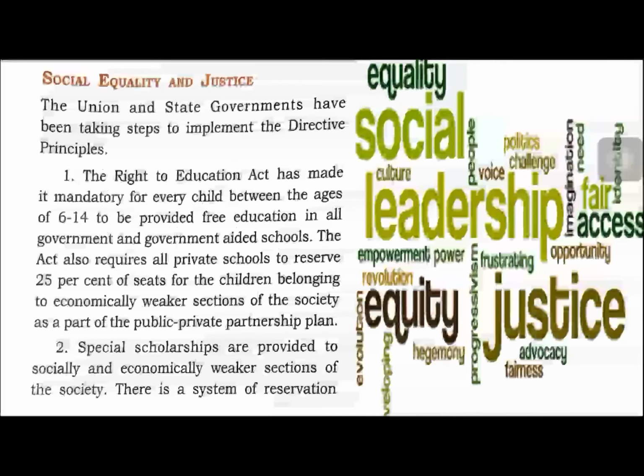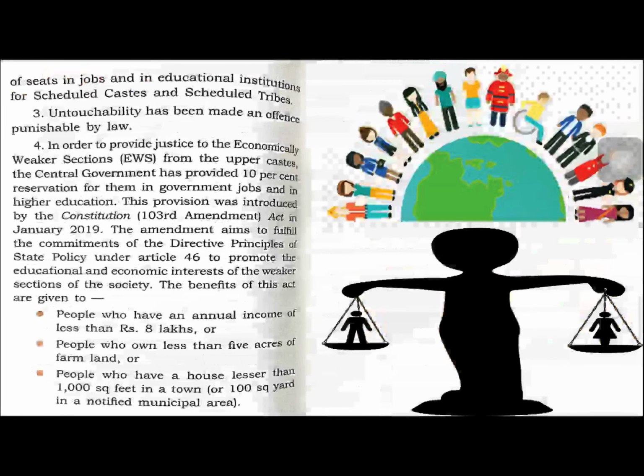You already know about the system of reservation in jobs and educational institutions. You have studied in the previous chapter how much percentage is reserved for the OBCs, SCs and STs. Under the scheduled castes and scheduled tribes, any families which are economically or financially weaker have a provision for getting scholarships from the government.